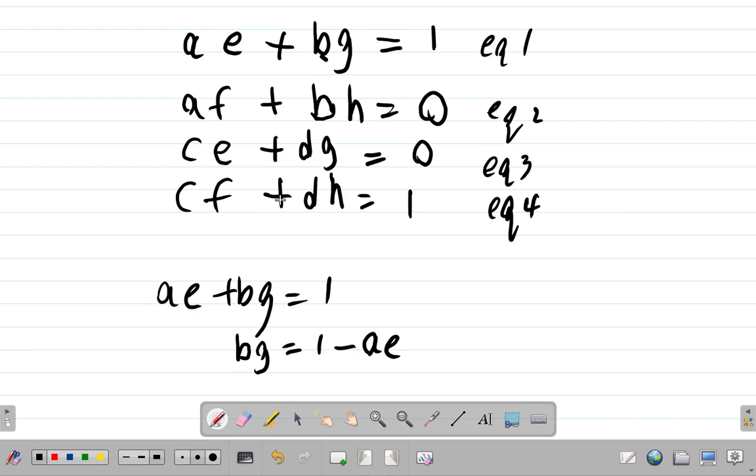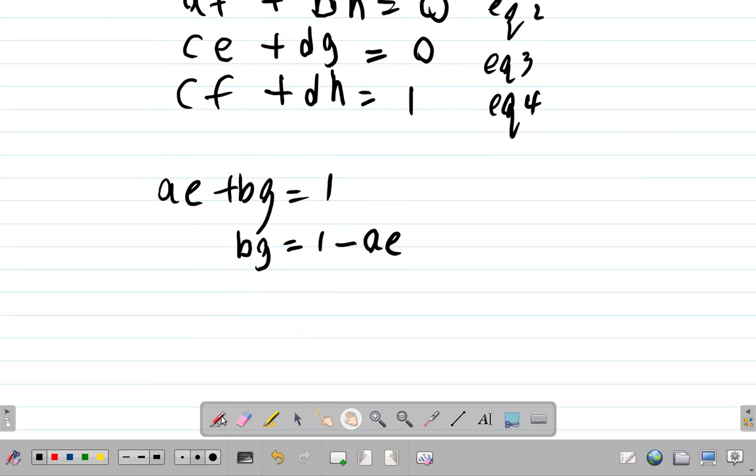Now, we want G. So, we divide both sides by B. BG is equal to 1 minus AE, and when you divide by B on the left, we must divide by B on the right as well.